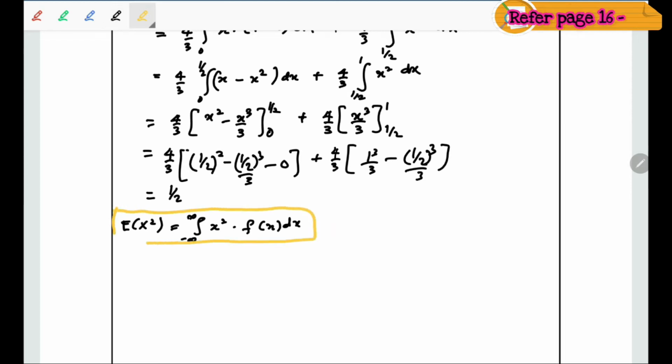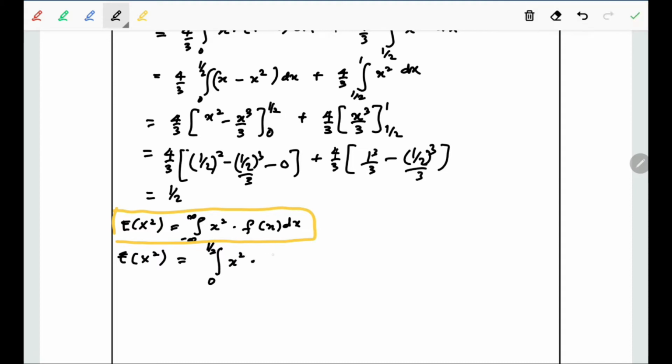So the expected of x squared for this function equals integration from 0 until 1 over 2 for the function x squared multiplied with 4 over 3 minus 4 over 3 x dx, plus the second function, which is from 1 over 2 until 1, the function x squared multiplied with 4 over 3x dx.